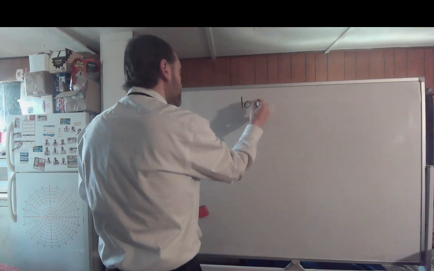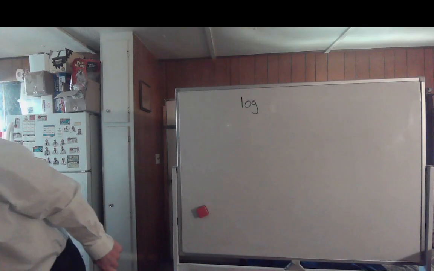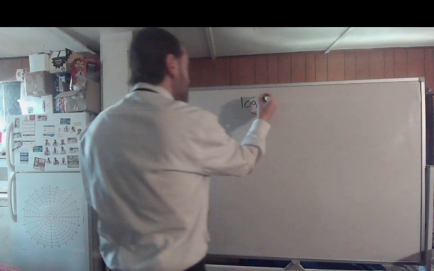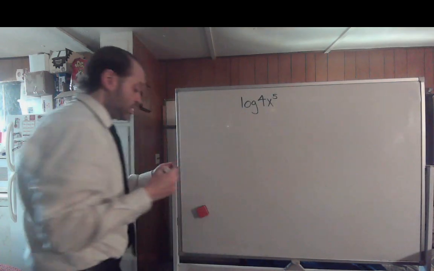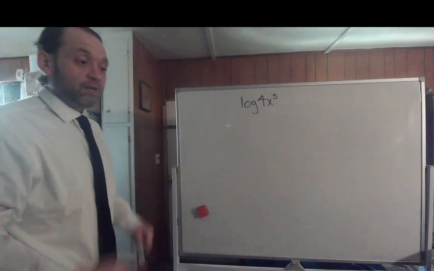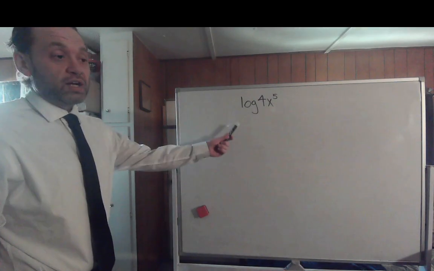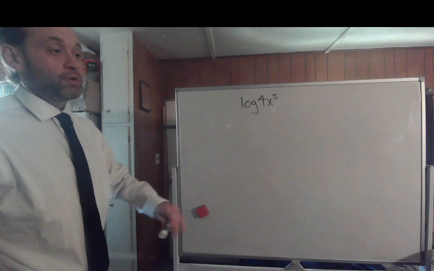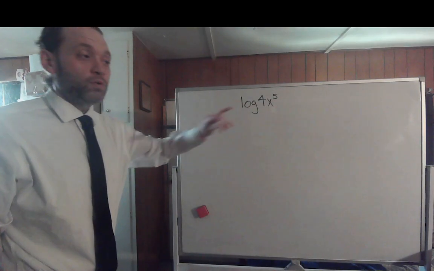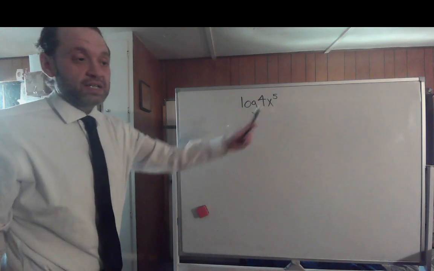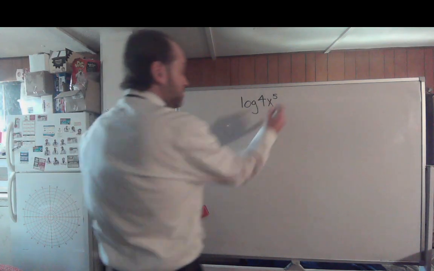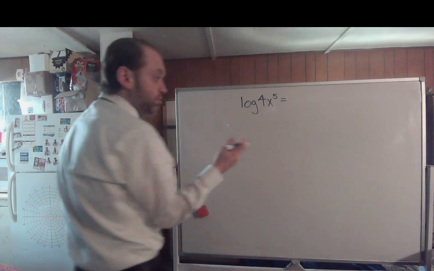Alright, so we have the log of 4x to the 5th. So we have a couple properties going here. We have a product property and a power property. So we have log of 4x to the 5th, which is the common log, base 10. Well, let's start with the product property, which it is first.